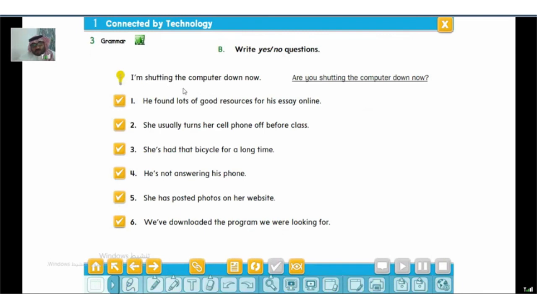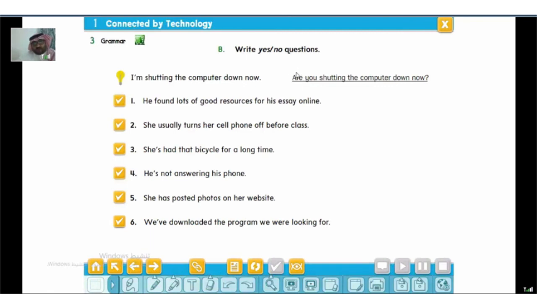The sentence is present continuous or progressive. Write a yes/no question. Now we need to form a question. Here we have I am. If we want to ask a question, we start with are you, because the sentence starts with I am. Are you shutting the computer down now? Okay, start with the auxiliary are.